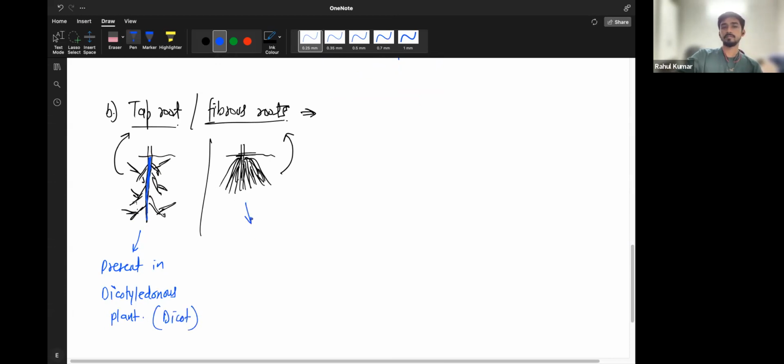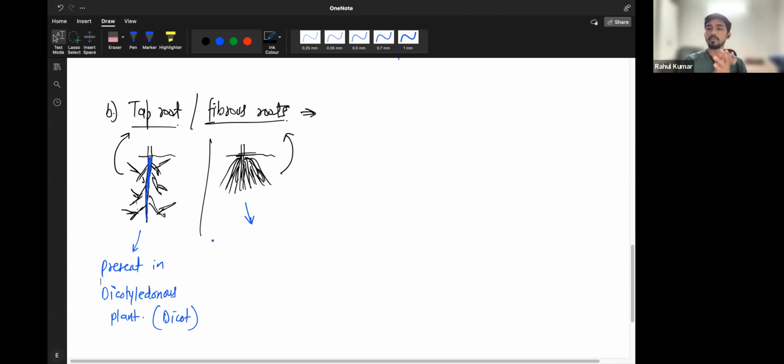Do you know what a dicot plant is? Dicotyledon. It's related to the seed. How to figure out which plant is a dicot? You take the seed, and if you can open the seed into two parts from the center, it's a dicot plant.